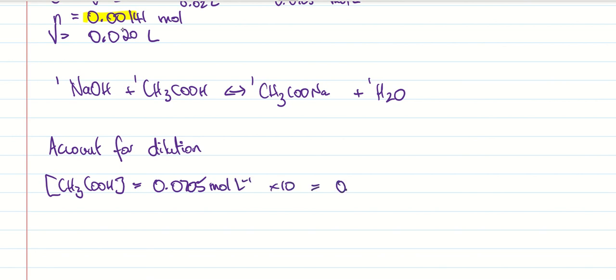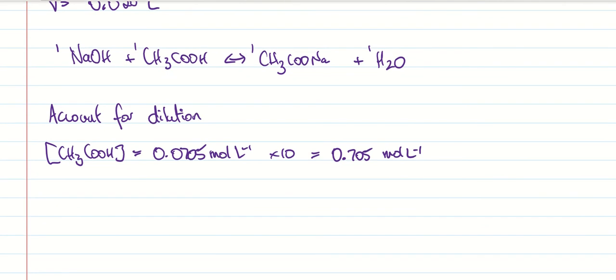And so that should give us 0.705. Whoops, I just have to move the decimal place one. So 0.705 moles per litre. So this means for every litre we've got 0.705 moles of ethanoic acid.